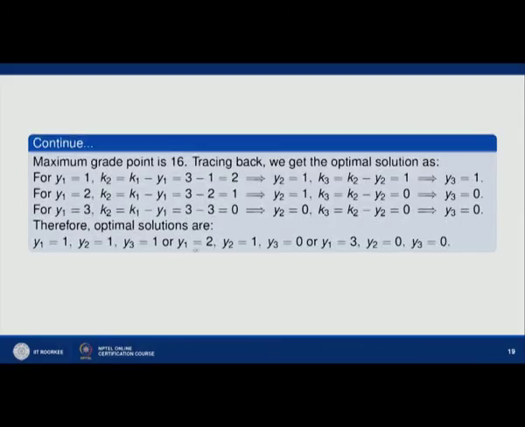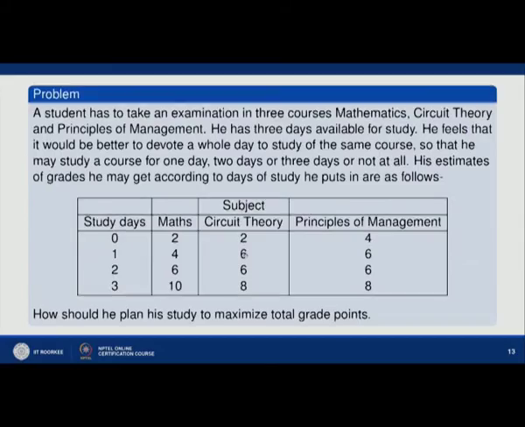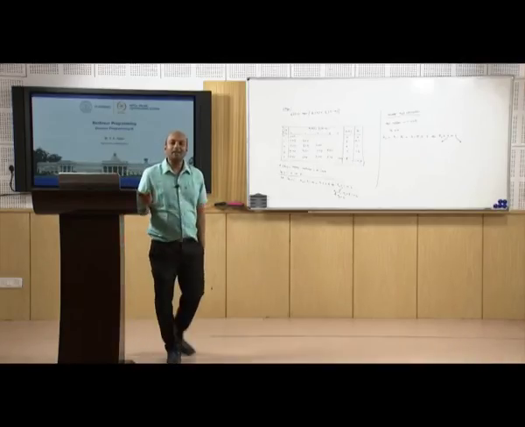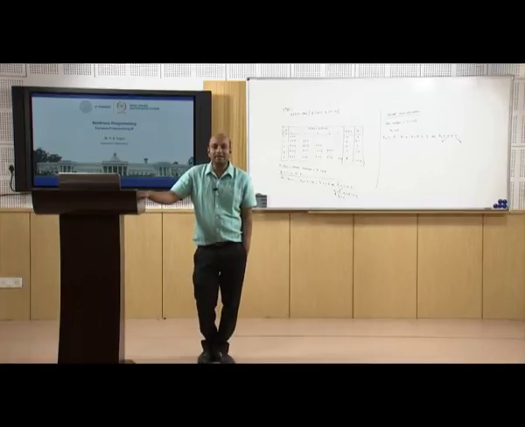Again, the second optimal solution is 2 1 0: 2 days for mathematics, 1 for circuit theory and 0 days for principal management. 2 days for mathematics is 6, 1 day for circuit theory is 6, 6 plus 6 is 12, 12 plus 4 is 16. If you plan his study in this way, he will get the maximum credits.